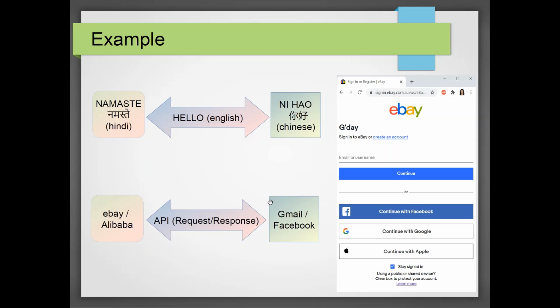Either you can provide all your details and register your account there, or you can log in with Facebook, Google or Apple. So I will take the Google example. When you click on login with Google, a pop-up will come up, and then you just need to provide your Gmail credentials, and then you will be logged into your e-commerce website, and then you can shop.